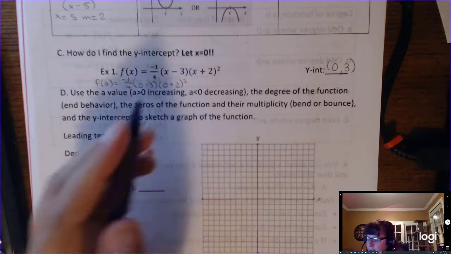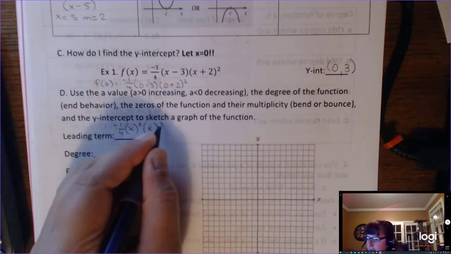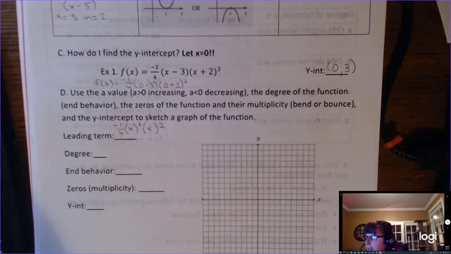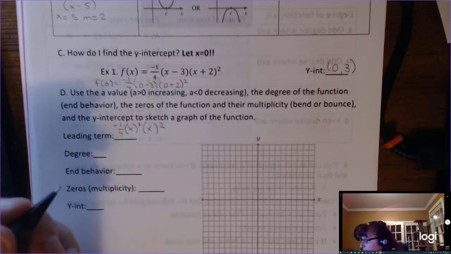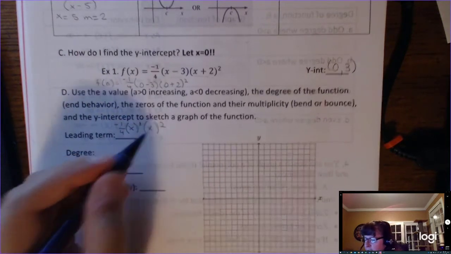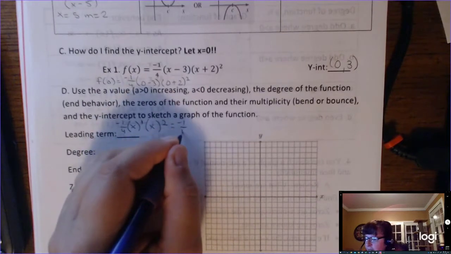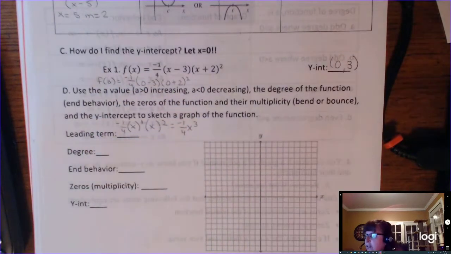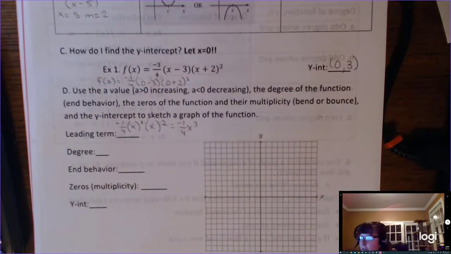And the leading term of this factor is x, and it has multiplicity of 2. And then if you multiply those things together, that's going to give you your leading term. Okay, so negative 1/4 times x to the 1 times x to the 2 is negative 1/4 x cubed. That is your leading term. You found the leading term without having to multiply that whole thing out.